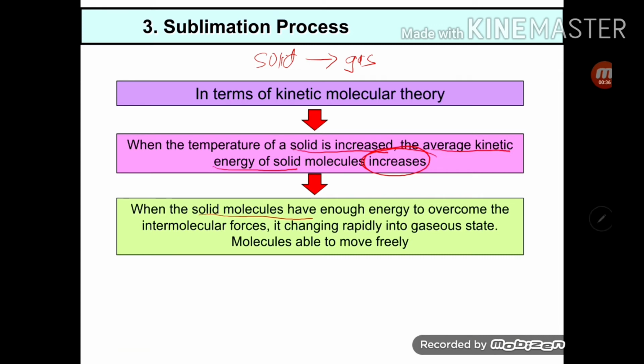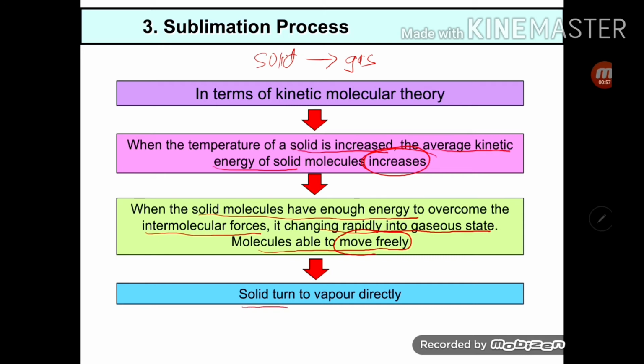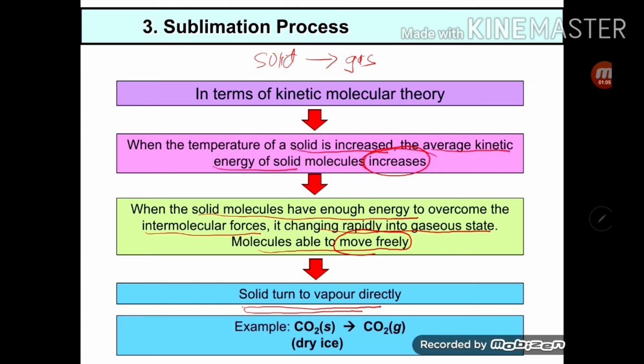When the solid molecules have enough energy to overcome the intermolecular force, they change rapidly into the gaseous state. So, the molecules are able to move freely, and the solid turns into vapor directly. An example of the sublimation process is solid carbon dioxide changing to carbon dioxide gas.